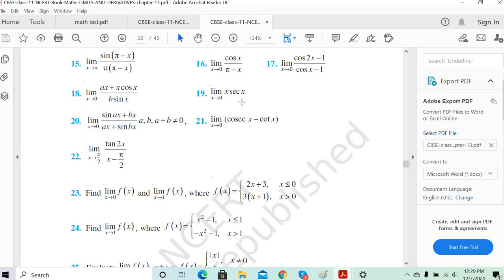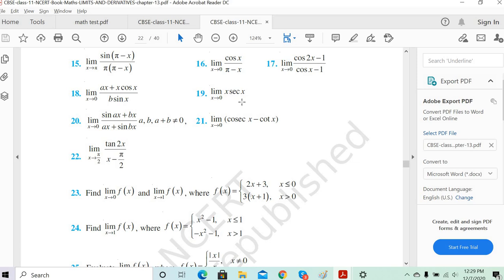Because 1 minus cos x can be written as what? 2 sin square x by 2, isn't it? And the denominator is x. So you can again apply it. Basically your formula remains sin x by x only. Okay, sir. So this formula will not be used so often, 1 minus cos x by x. This is just for the information only.